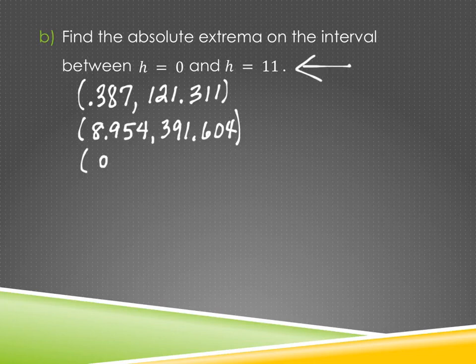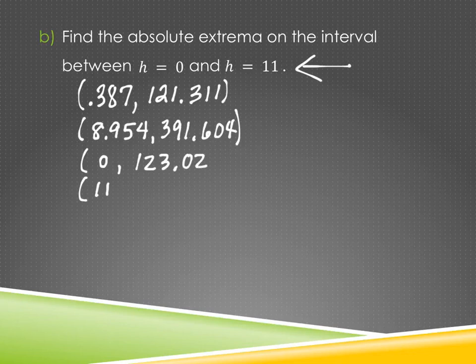So we're going to do an endpoint at 0 and an endpoint at 11. And you can do that in your table by plugging in the 0 and 11 here. And if you're over here at y1, you can see it's 123.02 and 337.96, which is what we found on part A, right? We already did that for this problem.